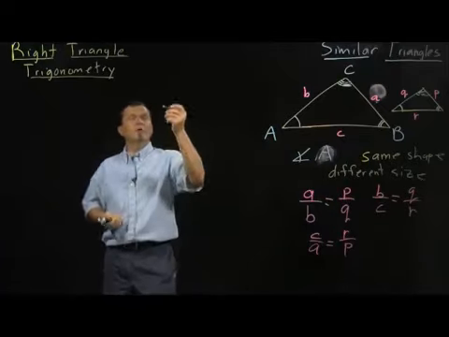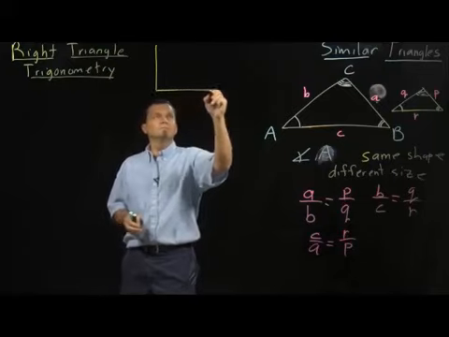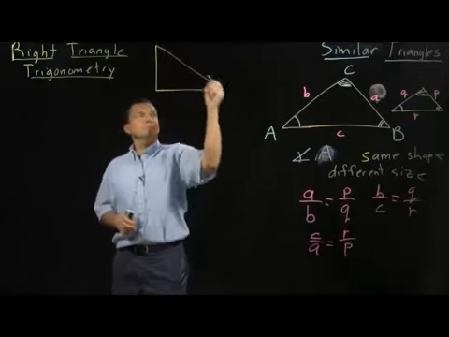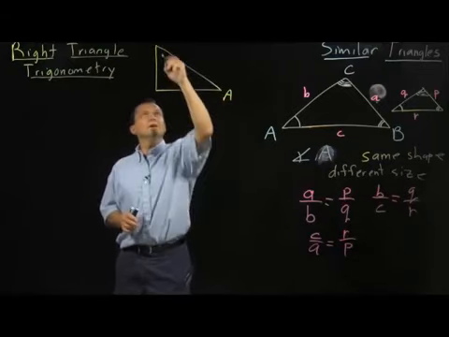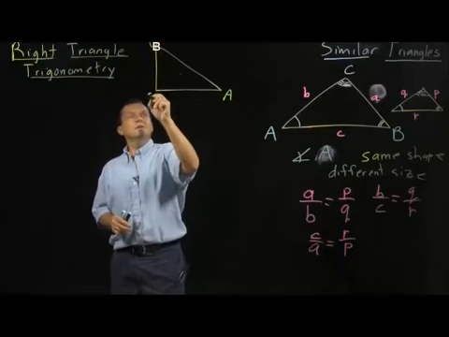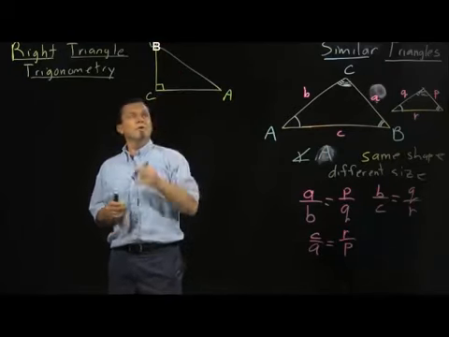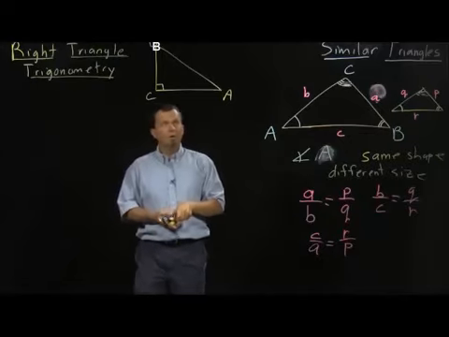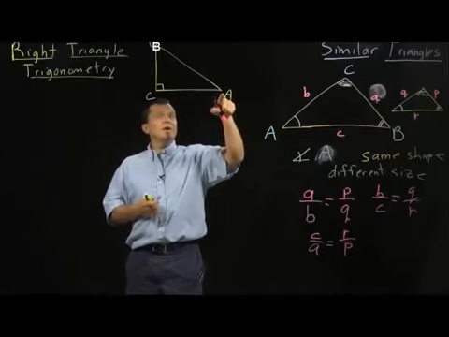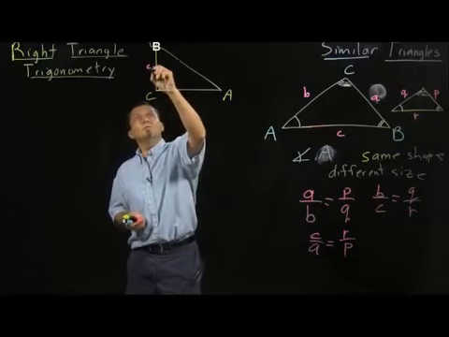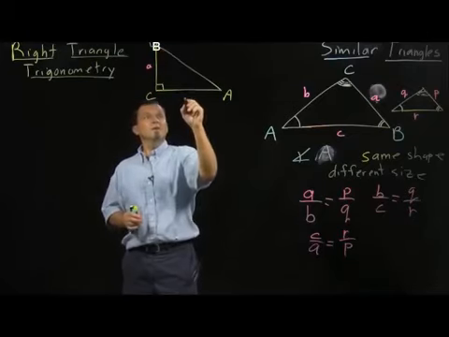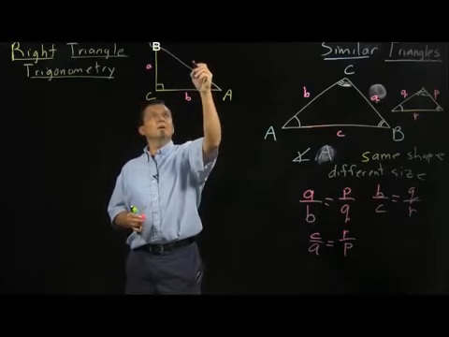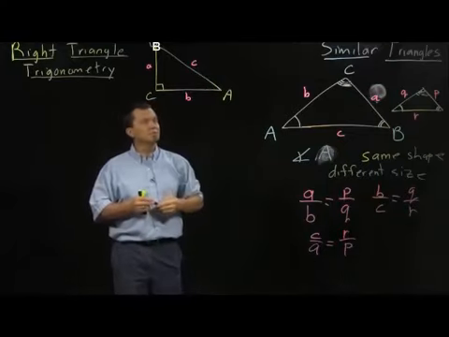Now, let's go ahead and draw our right triangle. I'll call this A, this B, this C, with that being a right angle. Okay. So, again, I find my angle, the side opposite is little a. Find my angle, side opposite. Find my angle, side opposite is c.